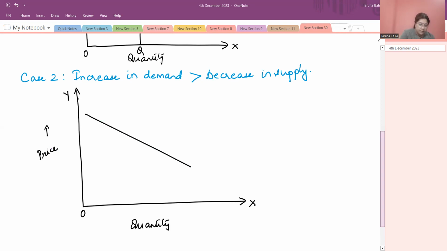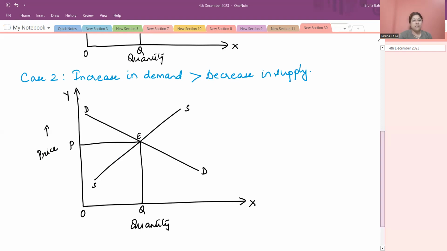This is our original demand, DD. This is our original supply, SS. Where demand and supply intersect is our point of equilibrium, E, where OP is the equilibrium price and OQ is the equilibrium quantity, just like we did in the last case.